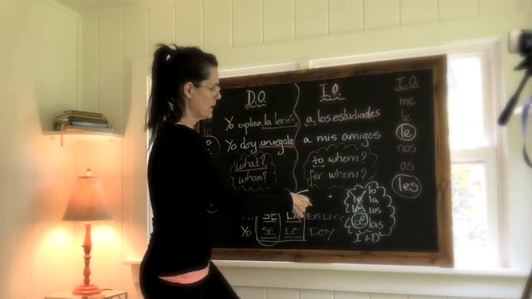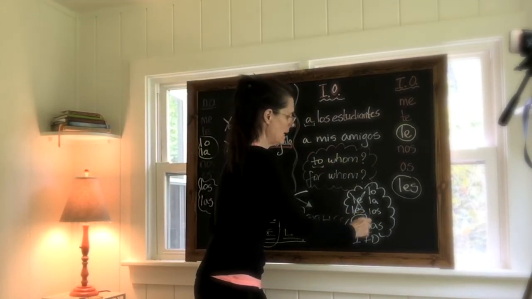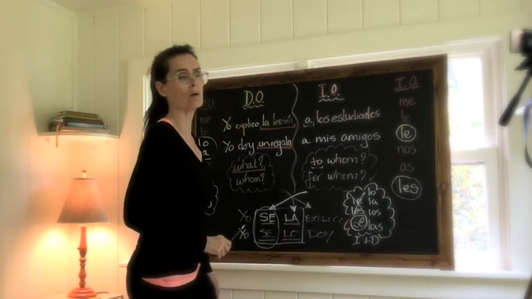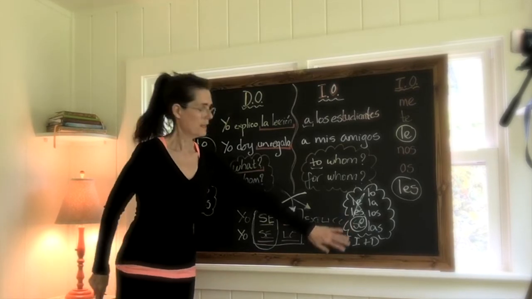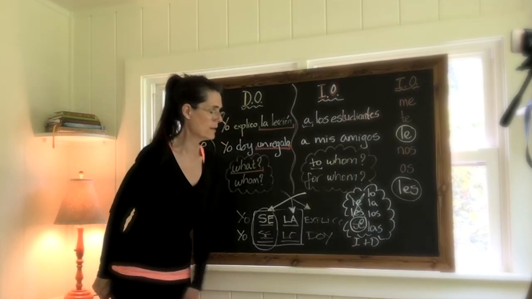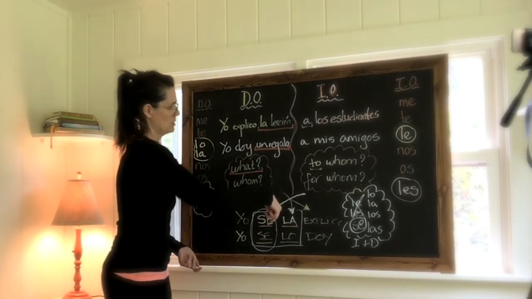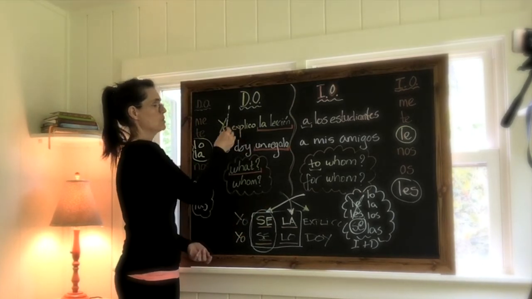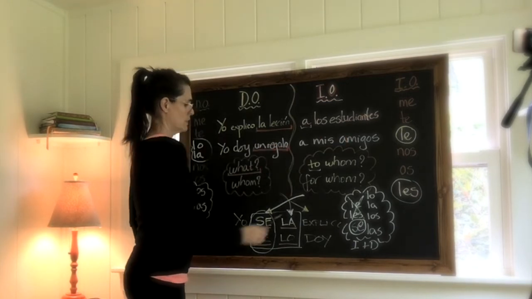Here I put in another little bubble, these combinations, le, lo, le, la, les, los, les, las, etc. I'm going to cross that out, and you're going to make it into se. And here I put indirect and direct together, putting the indirect first, like I put this thing with the arrows here to tell you that in the sentence you're going to put the DO first most of the time, and then the IO later.